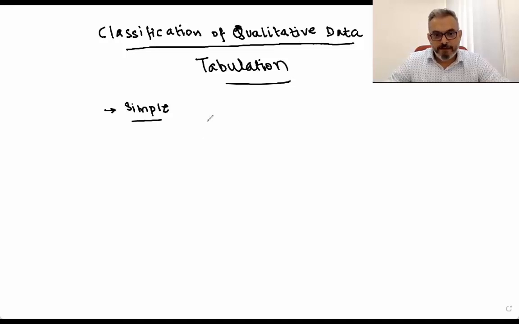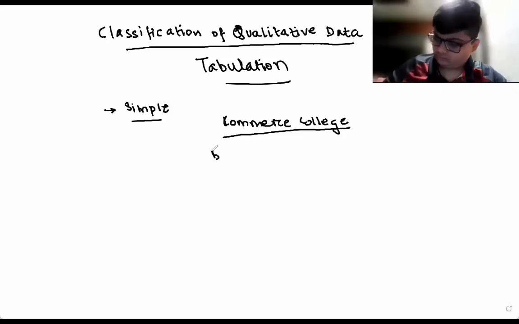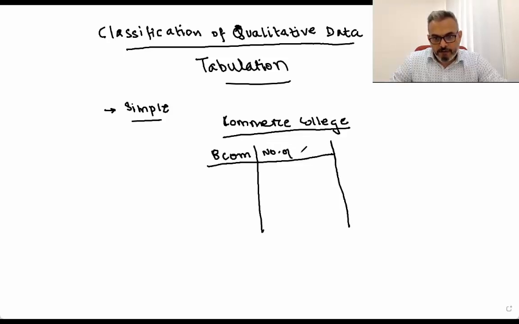Say, for example, there is a commerce college. Now, in the commerce college, we want data that for BCom, how many students are there? So I have BCom, number of students.